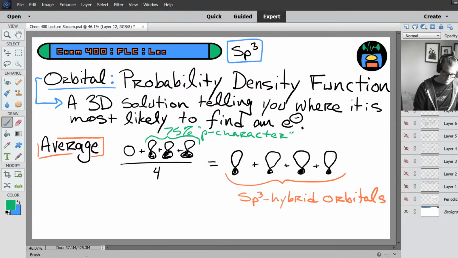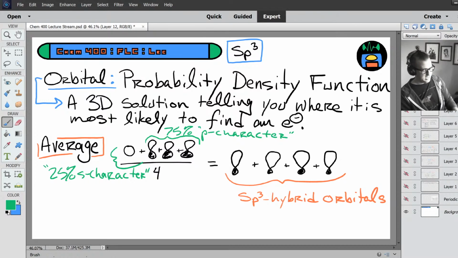And because 25% came from the s, we say they have 25% s character. Yeah, it's super cool, actually. So these orbitals are kind of hybrids.